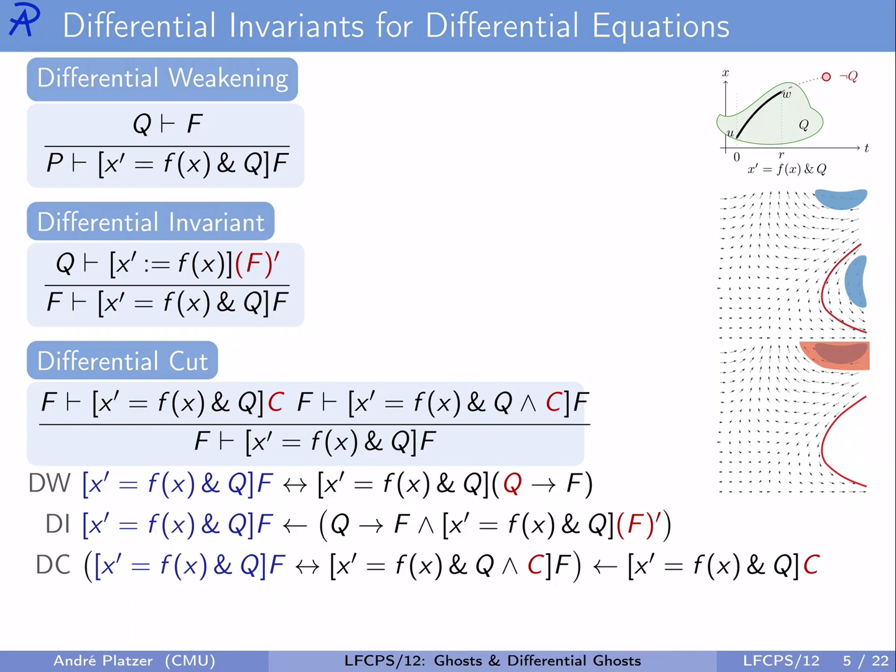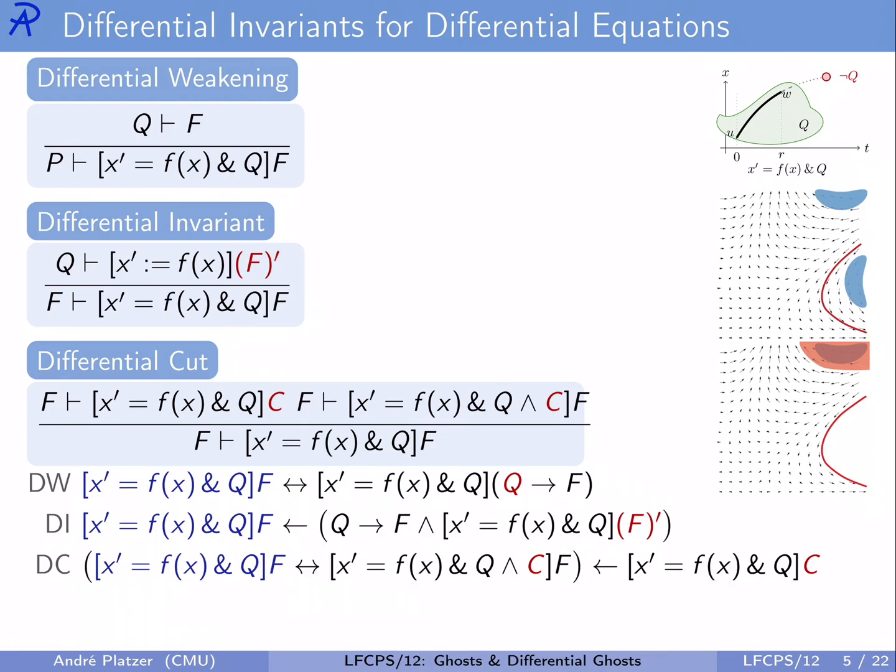The differential invariant proof rule proves, as the name suggests, an invariant F of a differential equation system whenever its differential, so the logical formula F prime, can be proved to hold within the evolution domain constraint after assigning the right-hand side of a differential equation to the left-hand side of a differential equation in just a discrete assignment, compared to a differential equation that has a continuous dynamical systems effect. So this basically works about how truth values change locally, which is where the differentials and the differential formula come from.